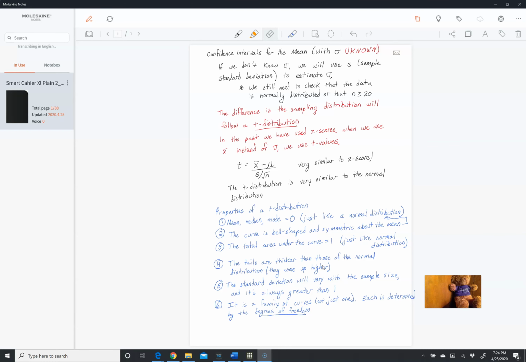So the last thing is, as the degree of freedom increases, the t-distribution gets closer to the normal distribution.